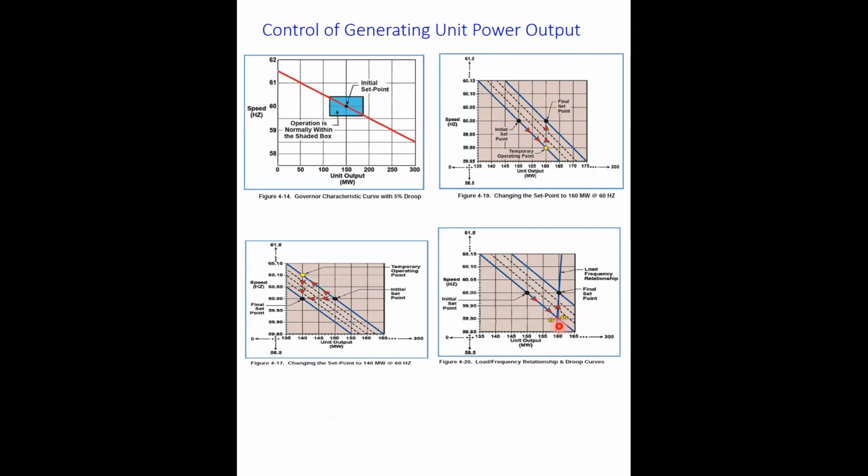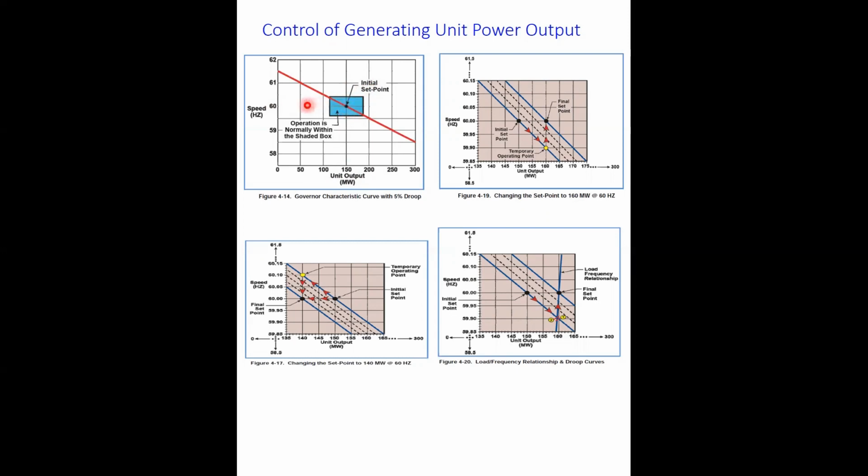Maybe you can have a little bit more description about this shift in the characteristic on this slide. So you have, let's say, 60 hertz with the output power corresponding to 150 megawatt, and you can say this is the initial set point.